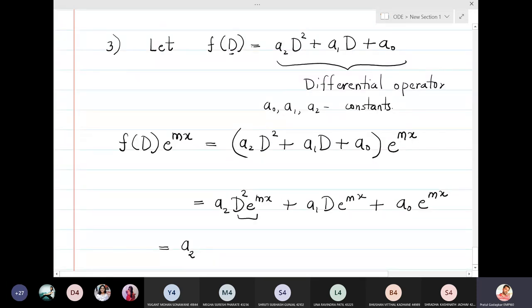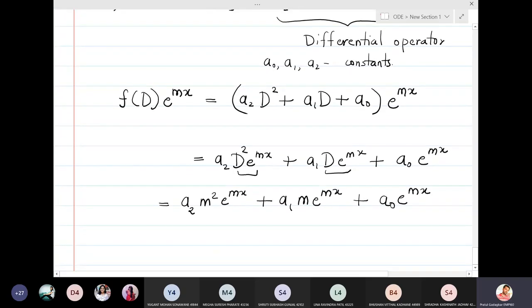So this is a2 m square e raised to mx plus a1 m e raised to mx plus a naught e raised to mx. If I pull out e raised to mx common, inside I'll get a2 m square plus a1 m plus a naught.